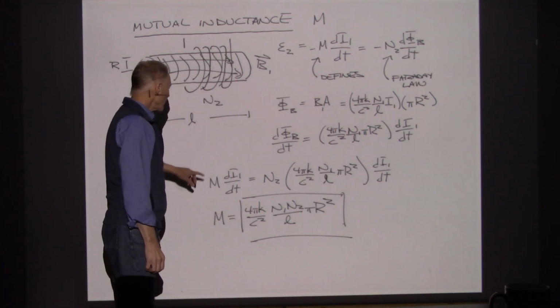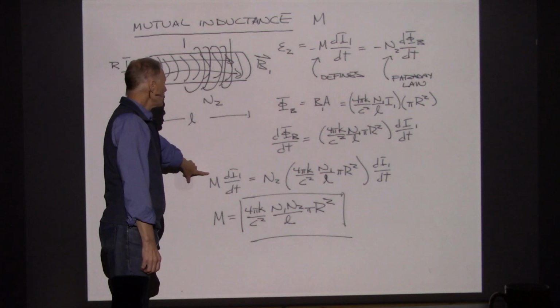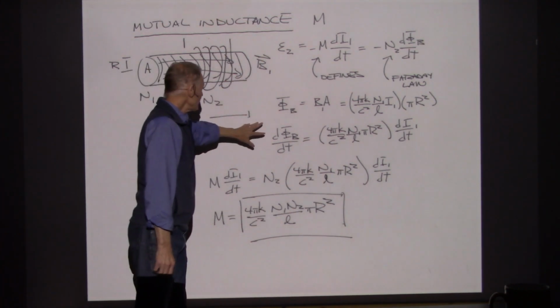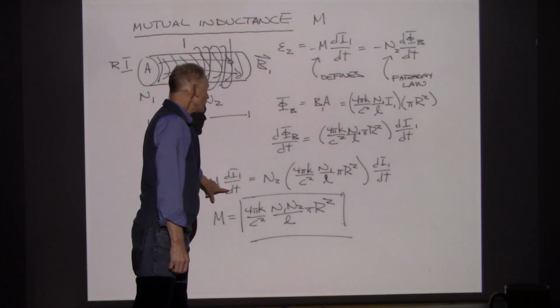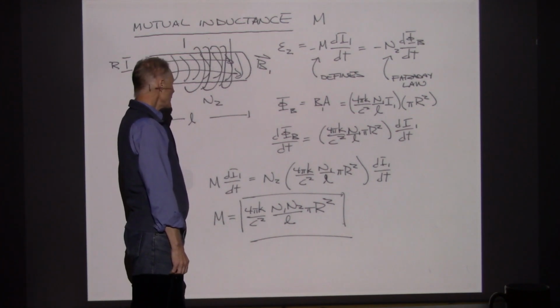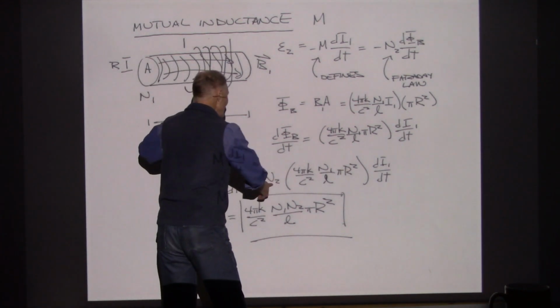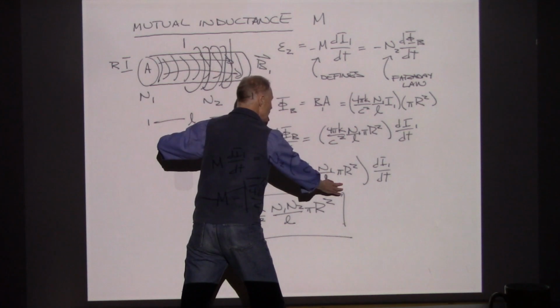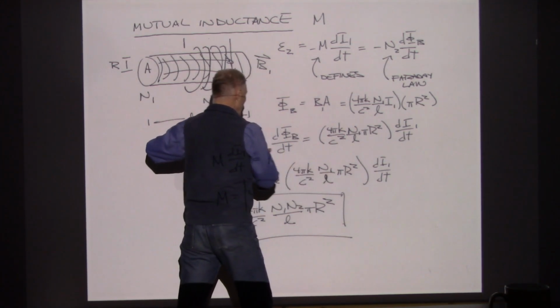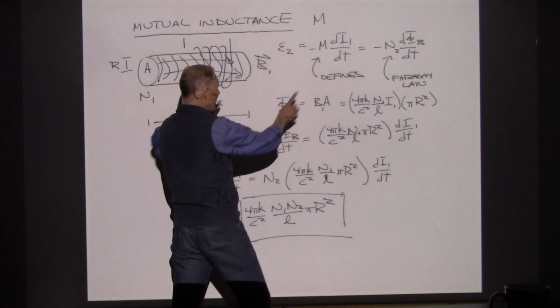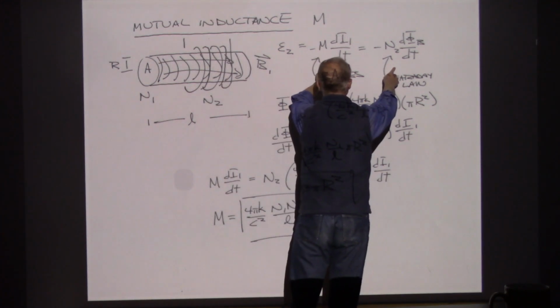And that says that we can define mutual inductance times di/dt as equal to N2 times the flux. Okay, so this is the equation we're working from right here.